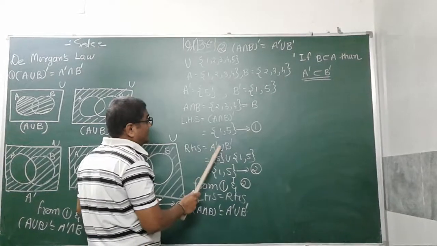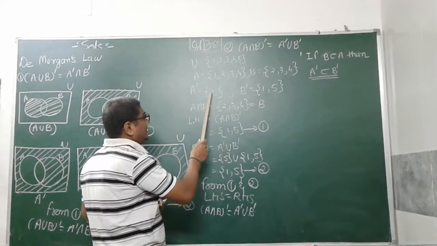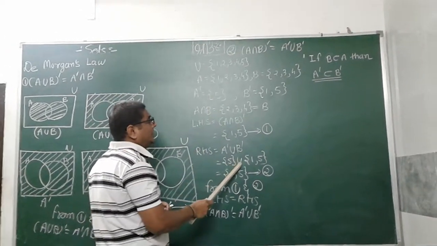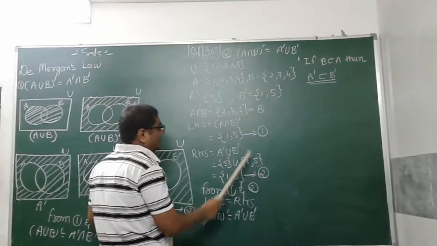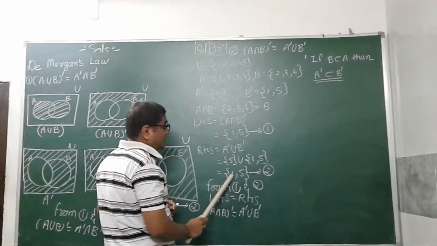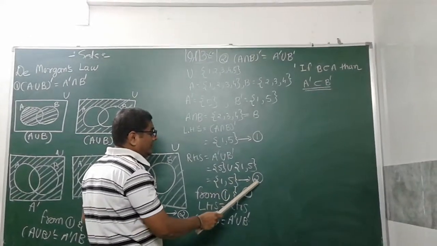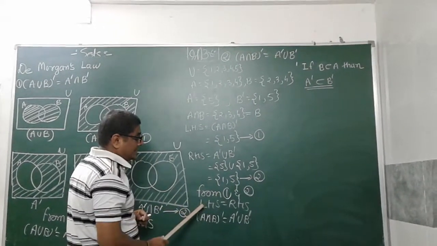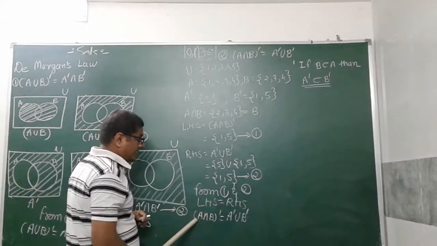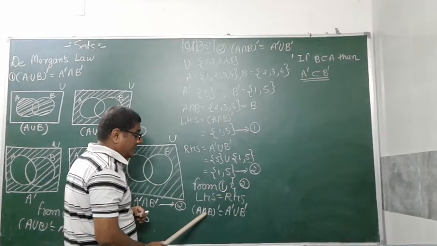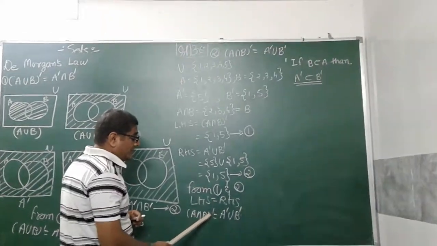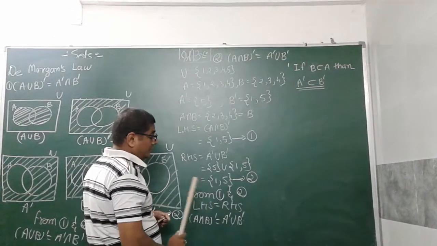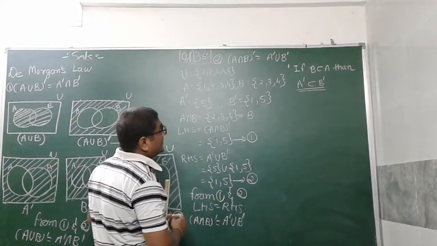Now A complement union B complement: the element of A complement is 5, union the elements of B complement, 1 and 5. So the union is 1 and 5, statement number 2. From statements 1 and 2, LHS is equal to RHS. Therefore (A intersection B) whole complement is equal to A complement union B complement.